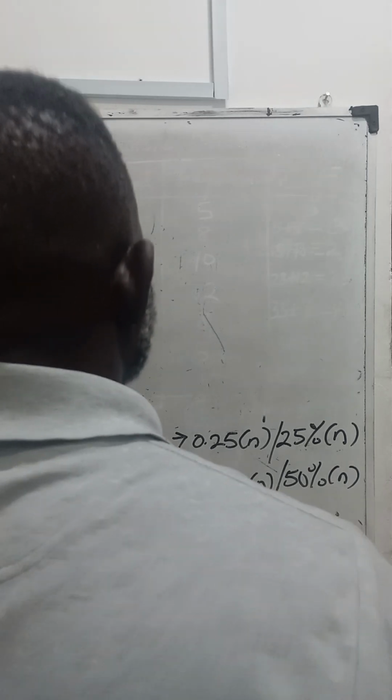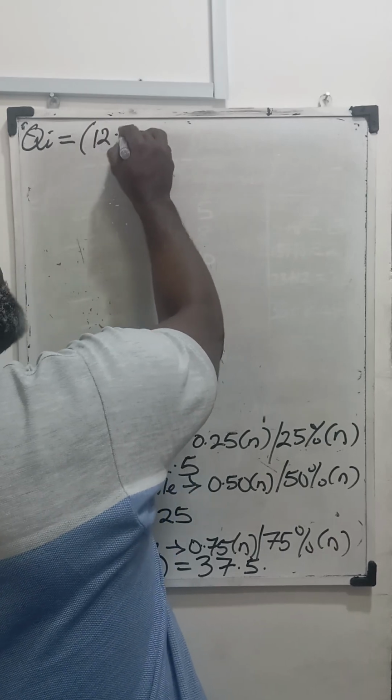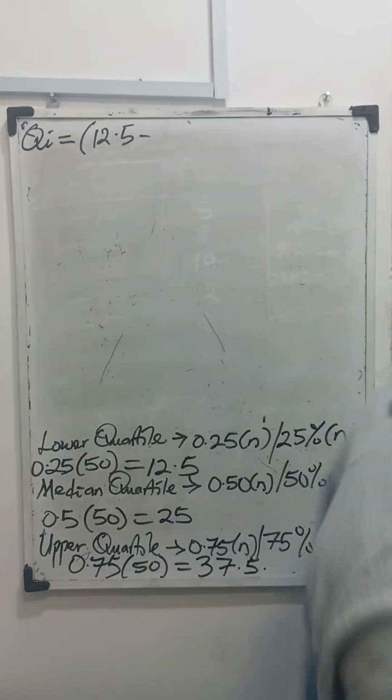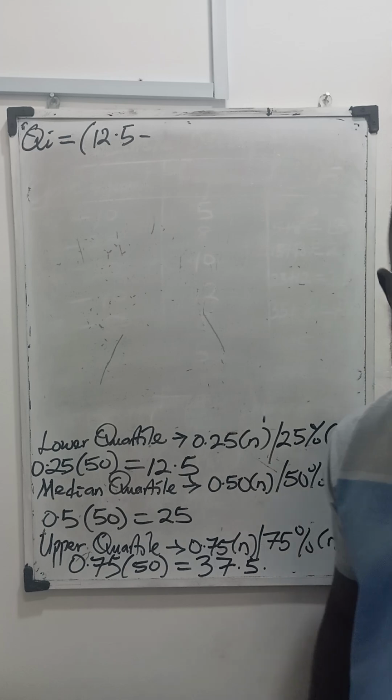But then let's look for QI now. So it's going to be what? 12.5 minus what? From your table, what's the first frequency on the table there? 5. Minus 5.